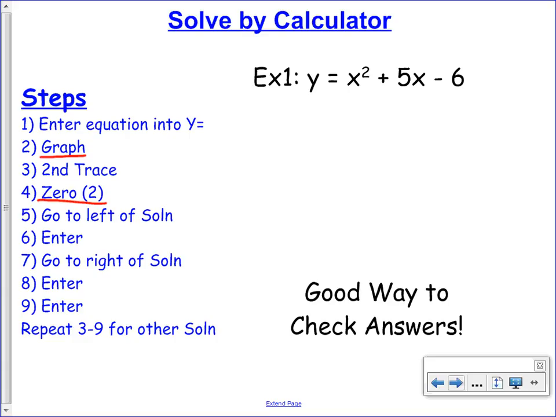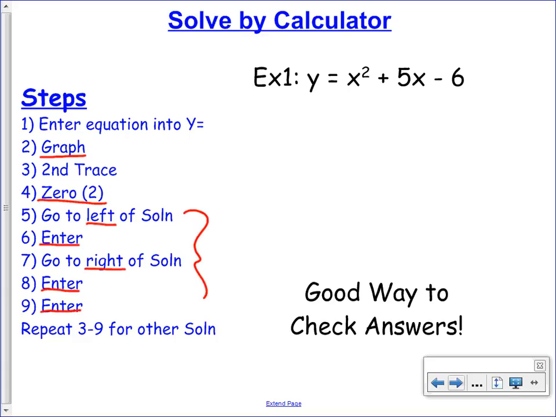Okay? Now, you find the solution. When you hit the 0 button, you'll see a blinking dot, right? And then you put the dot as close to the solution as possible. Then it goes left, enter, and enter, right, right, enter, enter.